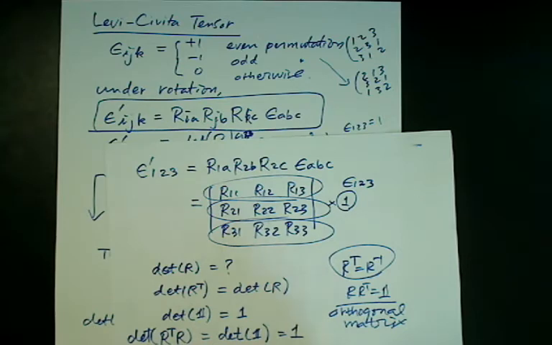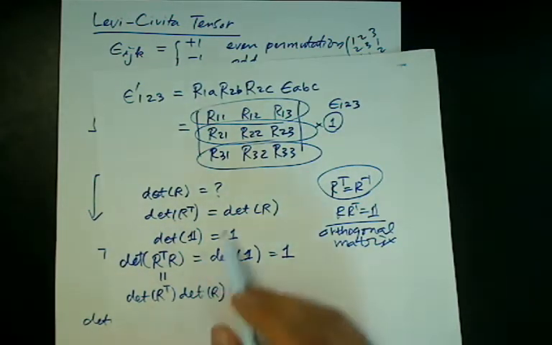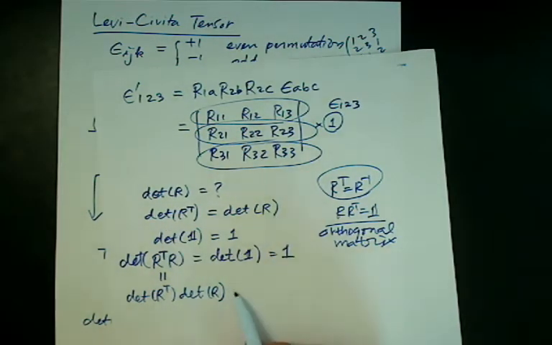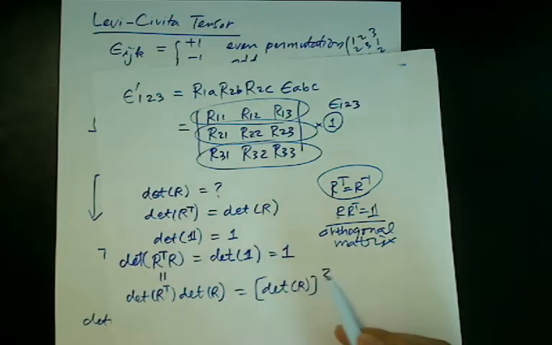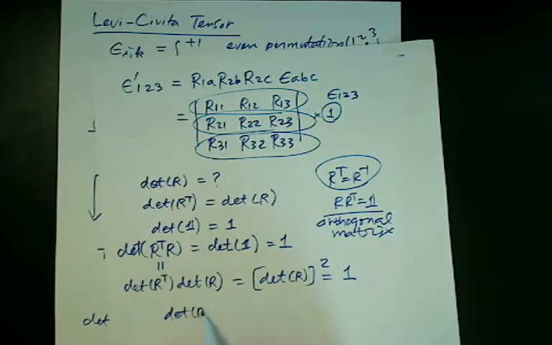As we know, this is the product: determinant of R transpose times determinant of R. Now, if I apply this, it is the determinant of R squared. This is 1. That means the determinant of R is either plus 1 or minus 1.